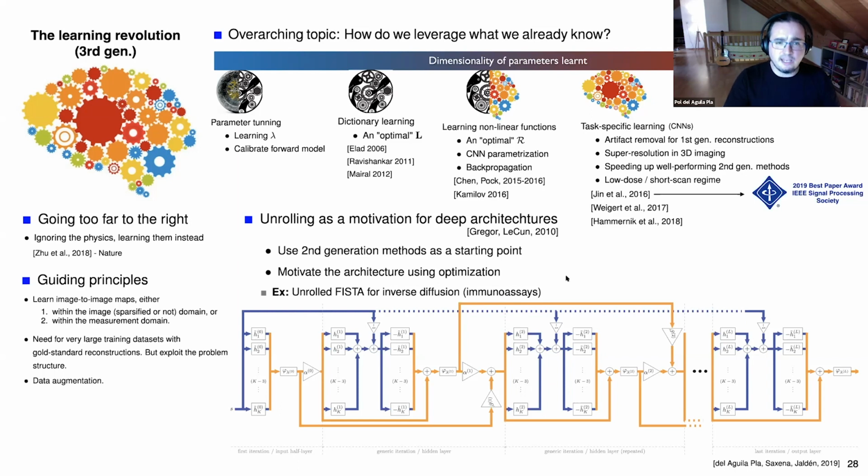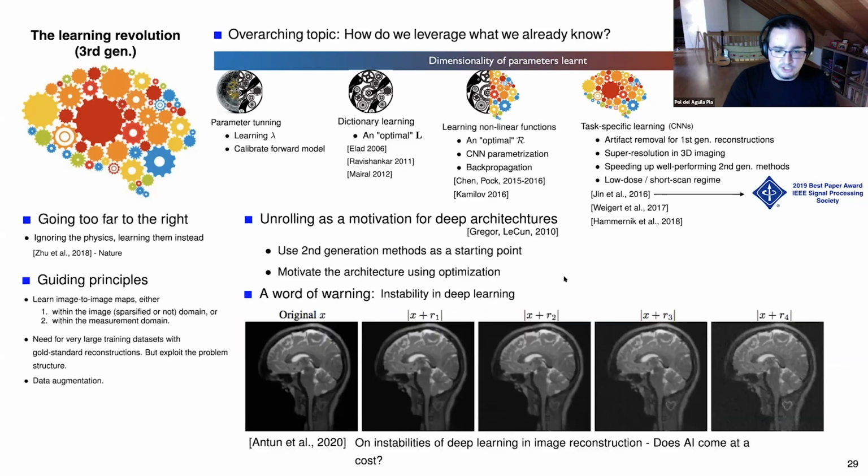Anyway, a word of warning on the use of convolutional neural networks and deep neural networks for image reconstruction. Here is a paper in PNAS of this year on instabilities of deep learning in image reconstruction. So here you can see an example of an image where some very small perturbations have been added, which are almost imperceptible to the eye.